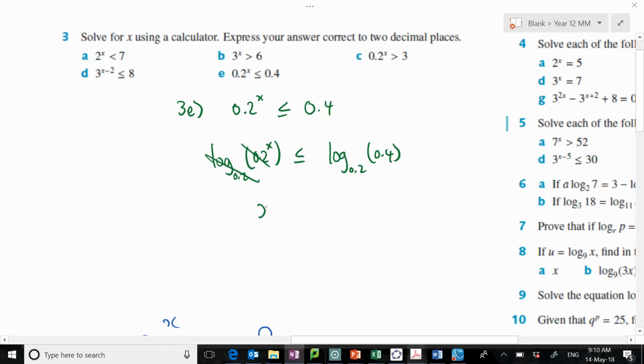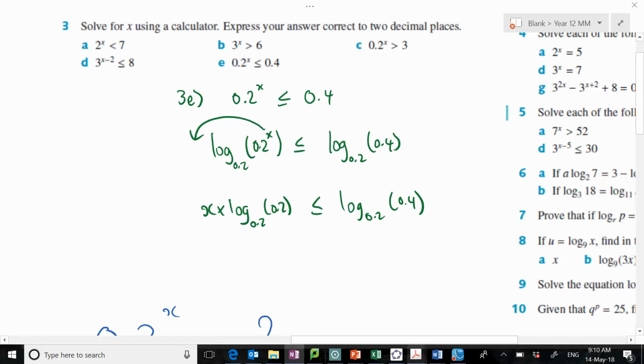So x here, or technically, if you actually show the techniques, you can see what you're doing here. That's x times log base 0.2 of 0.2, less than or equal to log base 0.2 of 0.4. Okay? Is it 0.4? Yes, it is.